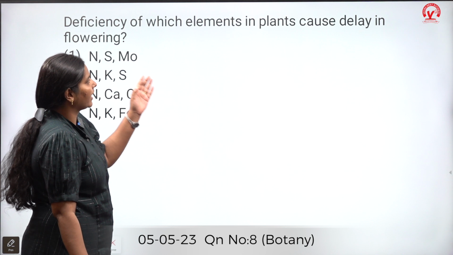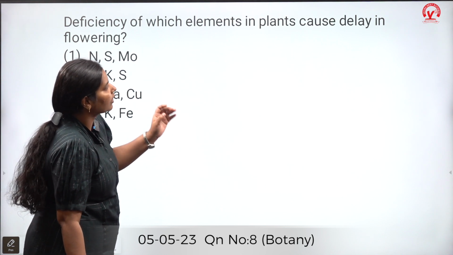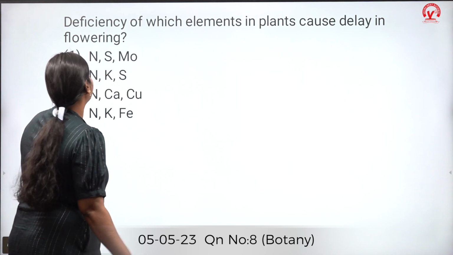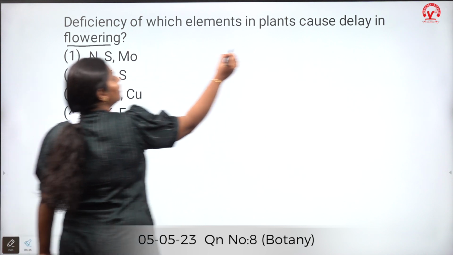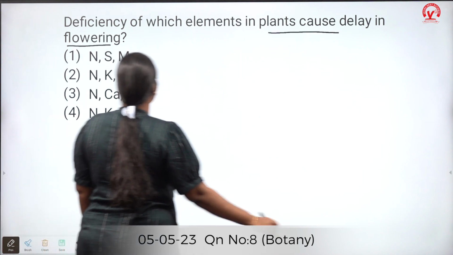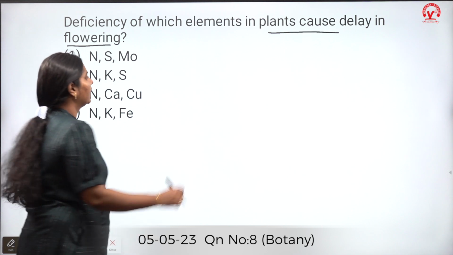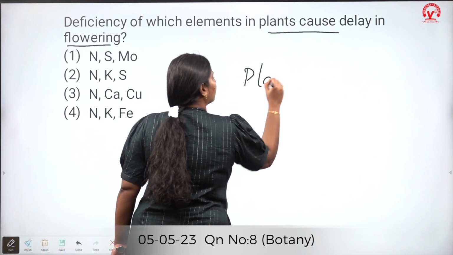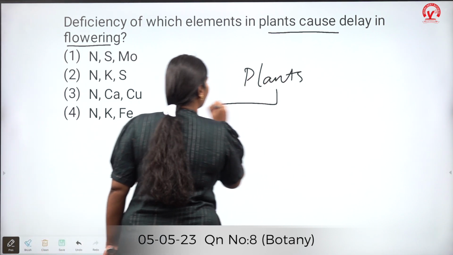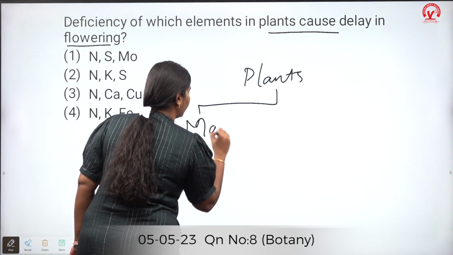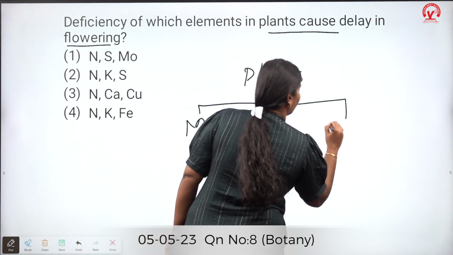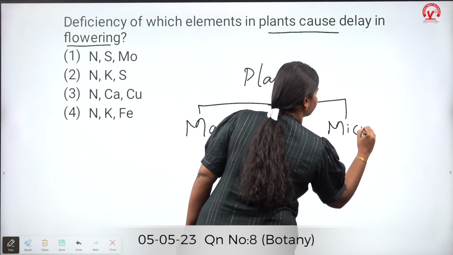Deficiency of which elements in plants can cause a delay in flowering? They have asked which element deficiency causes delay in flowering. Usually plants require 2 types of nutrients, macronutrients and micronutrients.